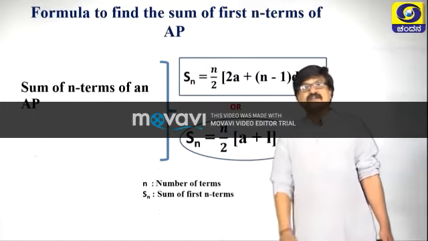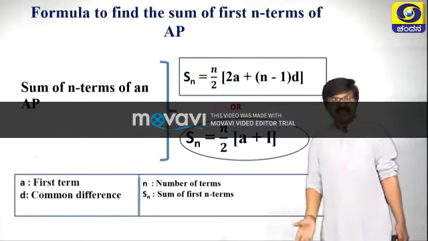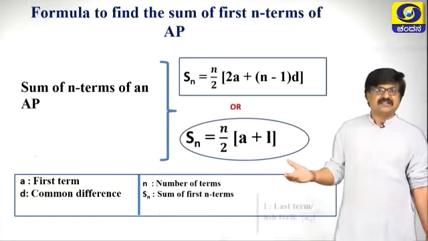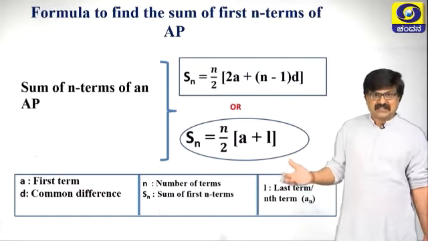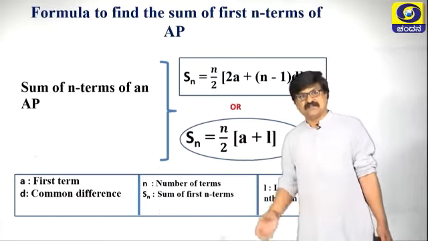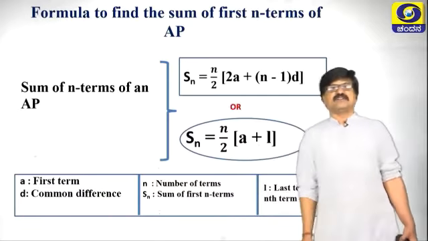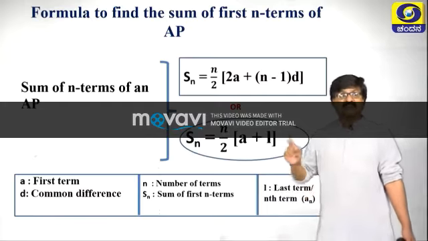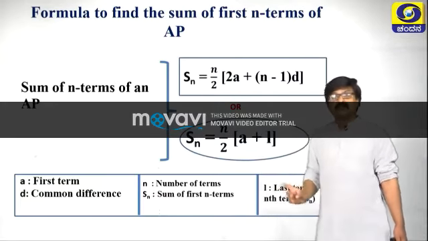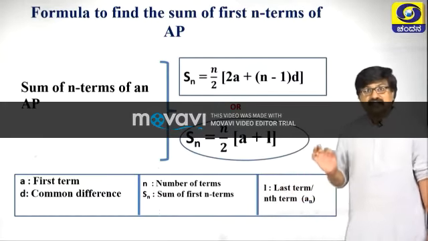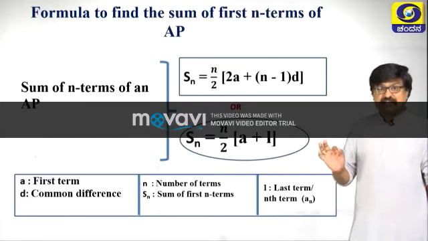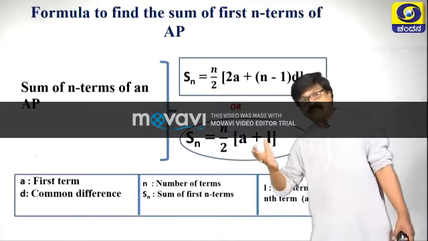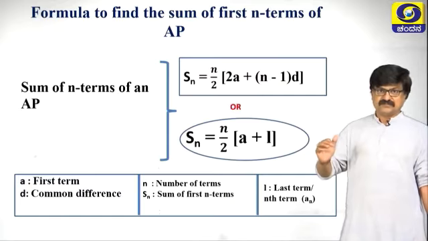So, here a is the first term, d is the common difference, n stands for the number of terms, Sn stands for the sum of first n terms, and l is the last term, an, which is the nth term.